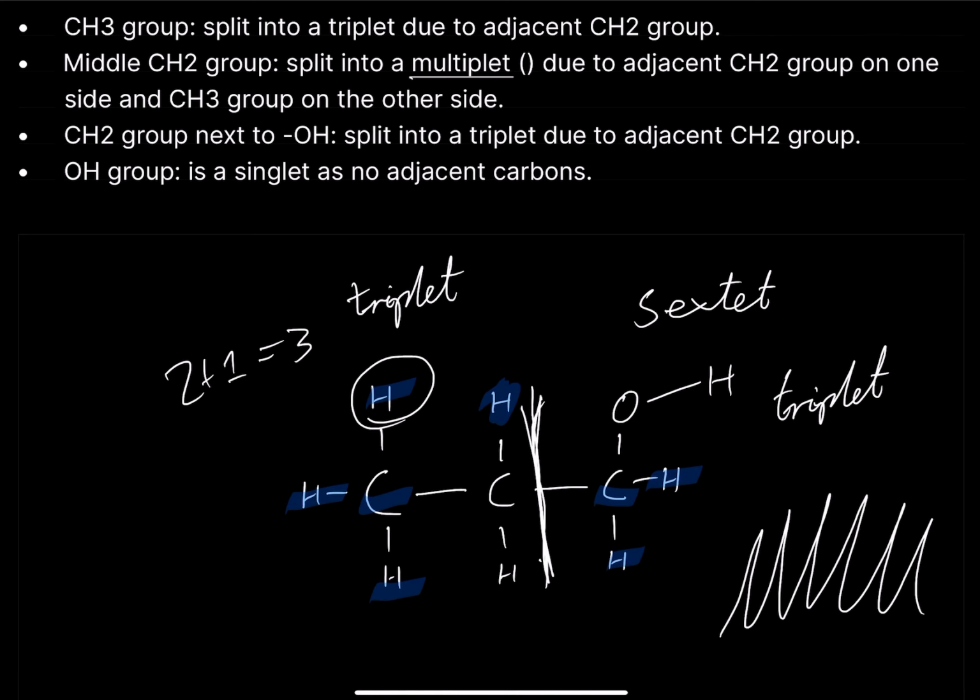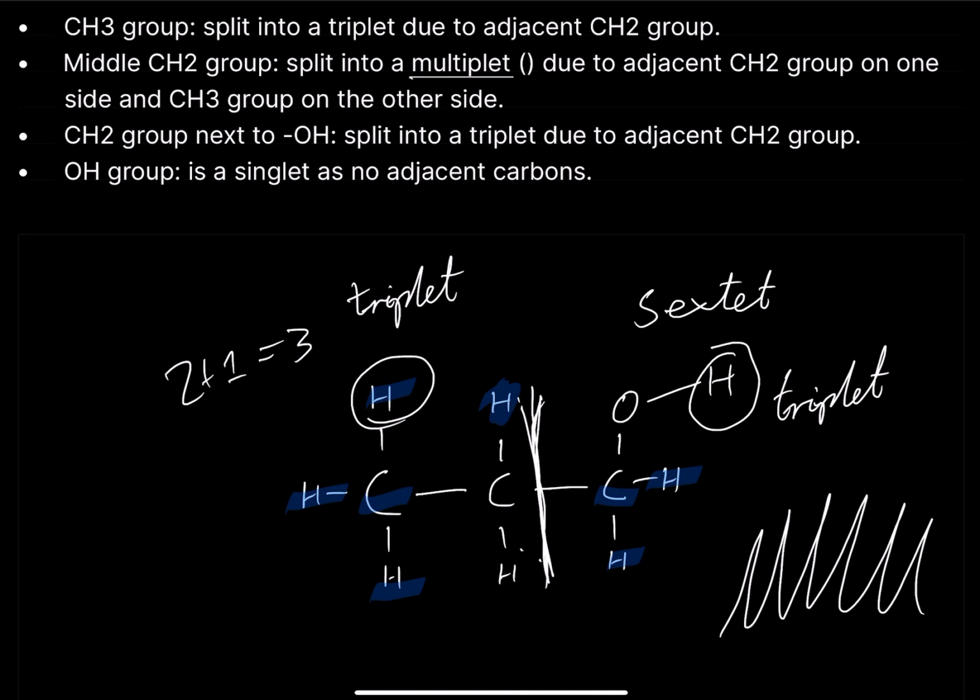There are no hydrogens directly on this. This would be a triplet due to this adjacent carbon here being a CH2. So it's 1 and 2 here, and therefore 2 plus 1. That's a triplet.